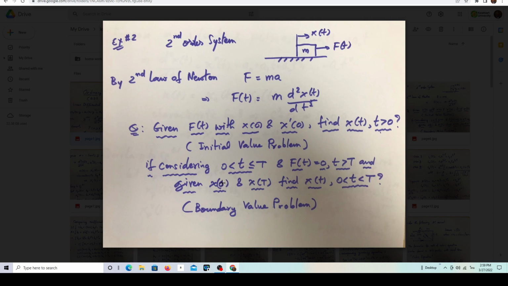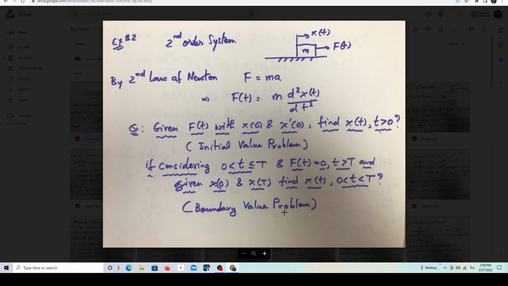So with these two conditions, you have the same original second order equation, but you want to find the displacement function within this finite horizon, where t is greater than 0 and less than capital T. In this case, we call this problem a boundary value problem.